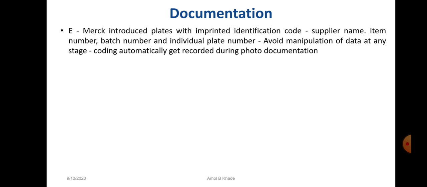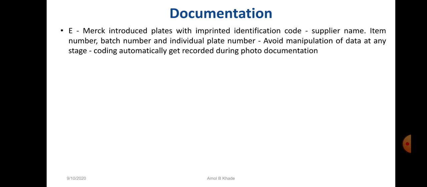Now next is documentation. Nowadays we have very strict guidelines, and we are required to have the analytical method validation, and whatever we analyze needs to be documented and stored.